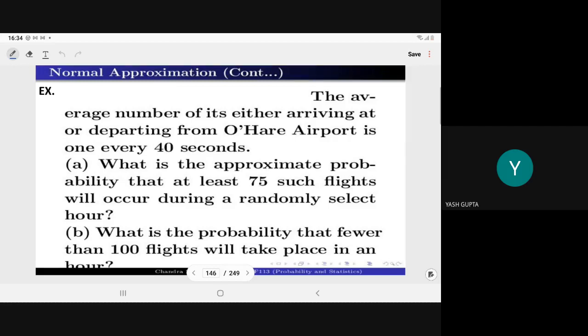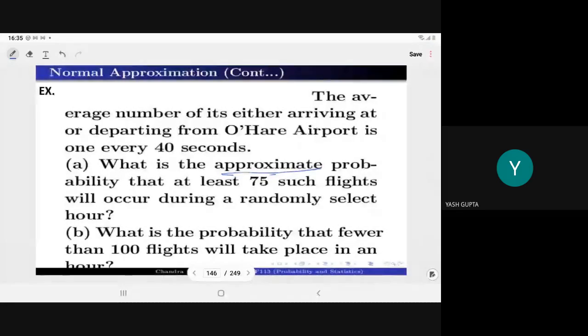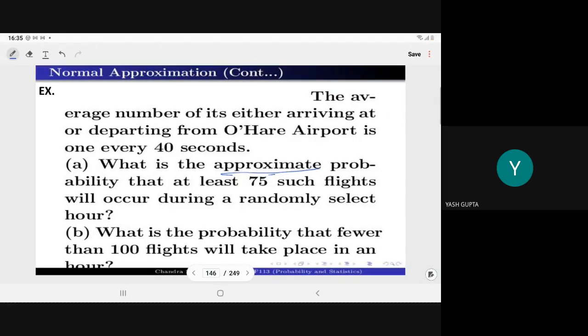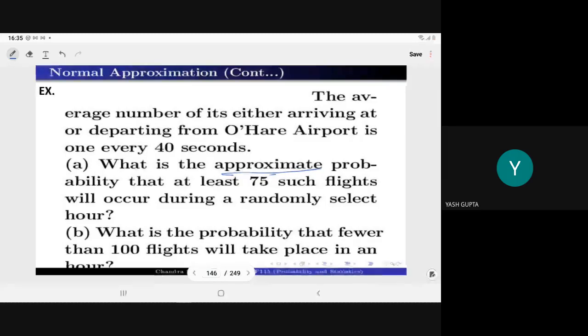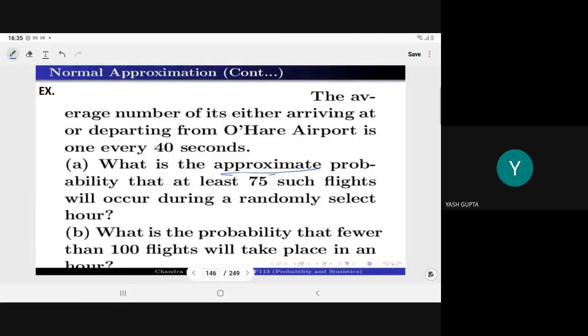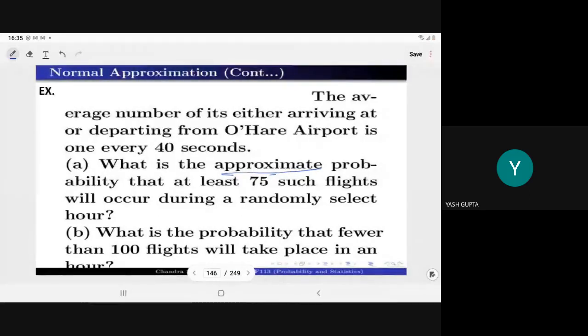They themselves have written this, because they know that for the required value we don't have the table, so they have already written approximate. What is the approximate probability that at least 75 such flights will occur during a randomly selected hour? What is the probability that fewer than 100 flights will take place in an hour?